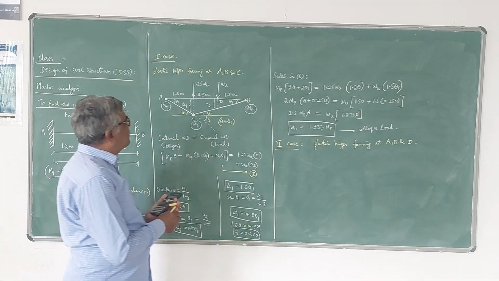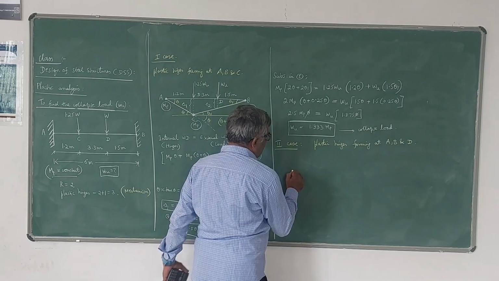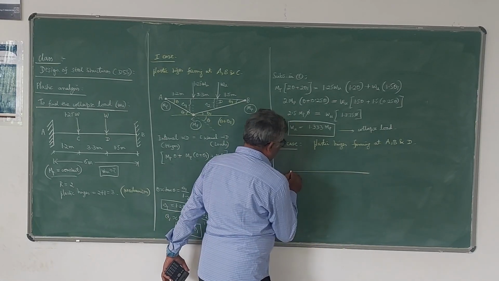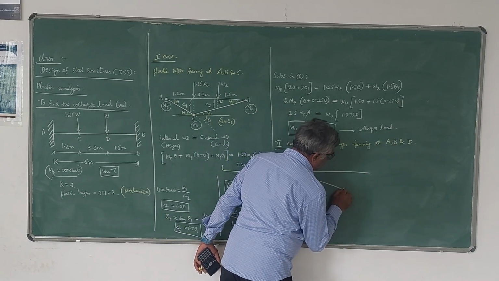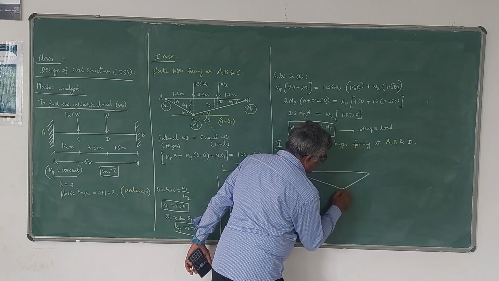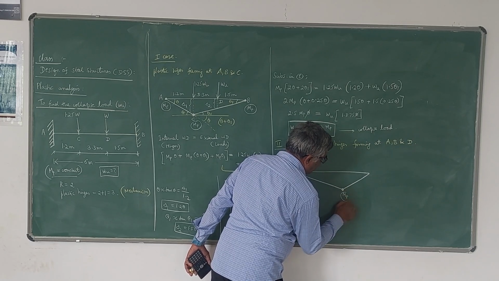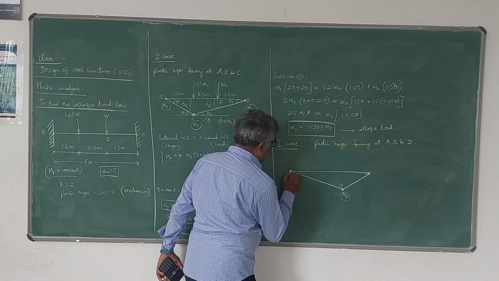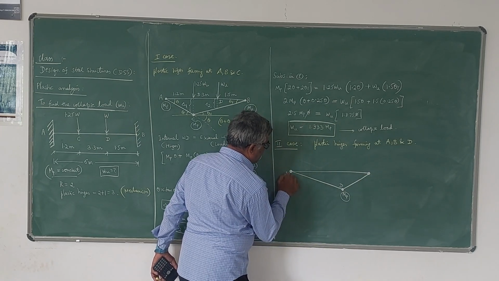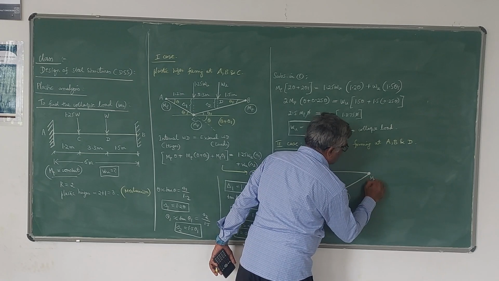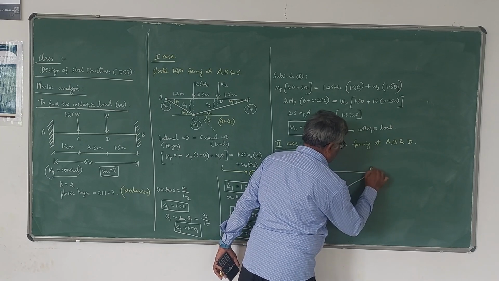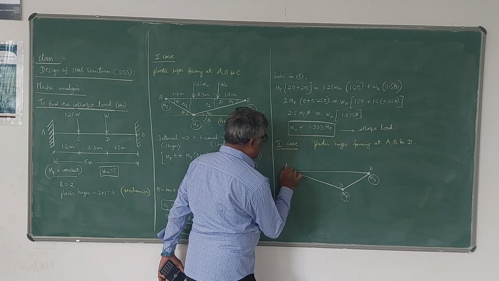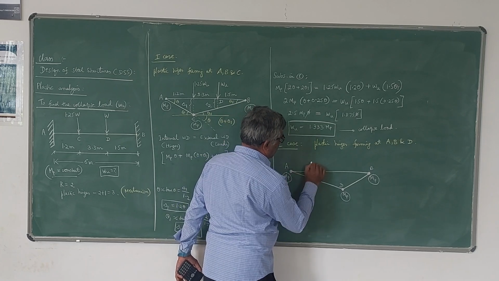Now I will write the corresponding mechanism. The plastic hinge is formed at D here, so this becomes MP. This is D. At B also is a plastic hinge. At A also is a plastic hinge. Plastic hinges are denoted by dots, like this. And at C you don't have a plastic hinge, but deflection will be there.